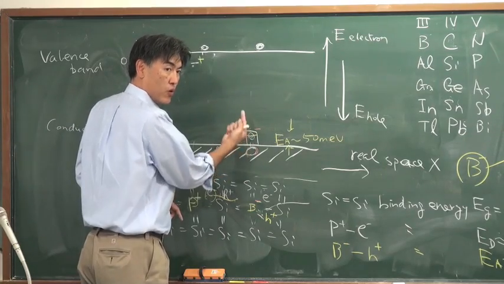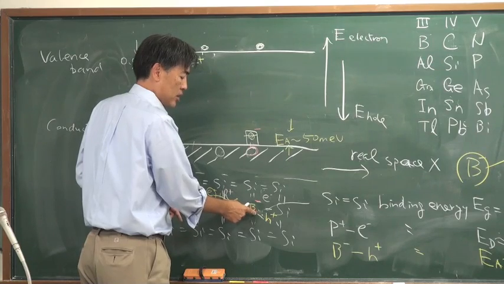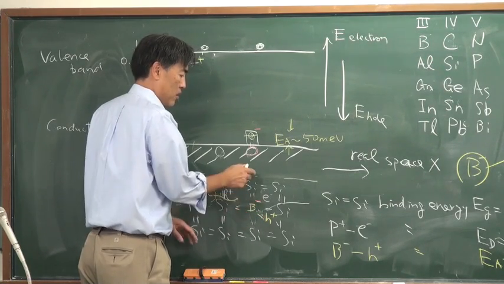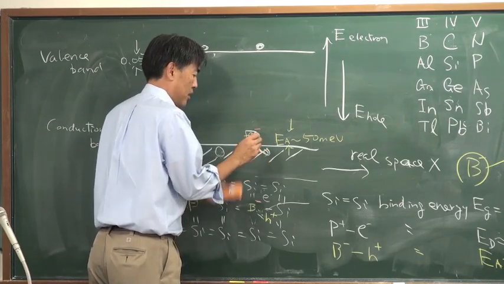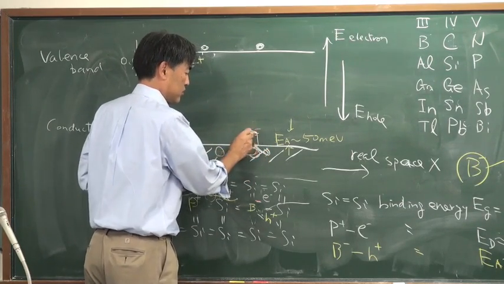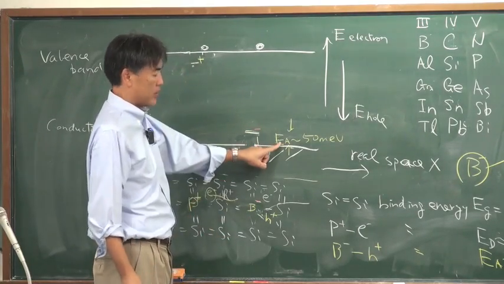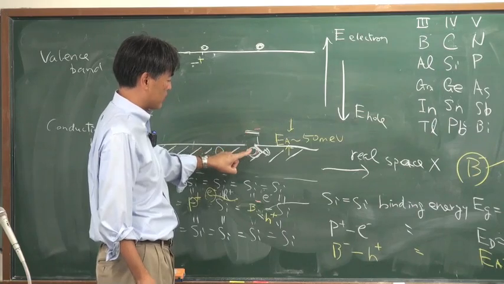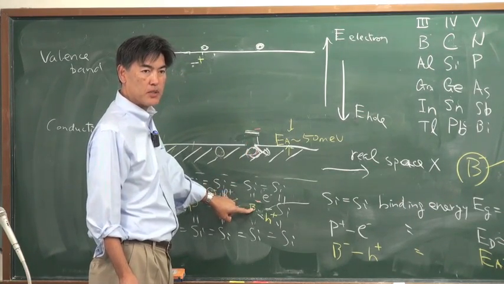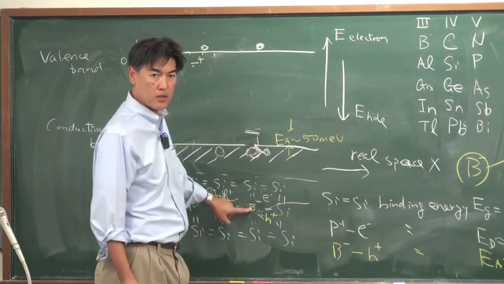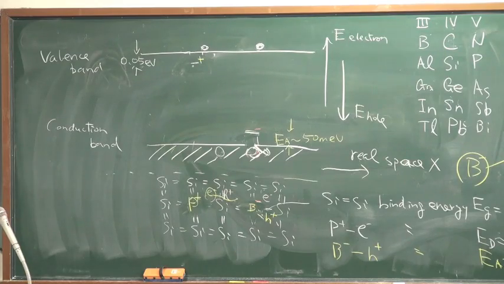This is lower energy for the hole. And when the hole is trapped here, this is equivalent to boron trapping the hole. But then the hole can be excited to this valence band and become a freely moving particle. And we call it ionization energy because once the hole is excited to the valence band, the remaining boron becomes negatively charged. It's ionized. So this is why we call it donor ionization energy or acceptor ionization energy. Okay.